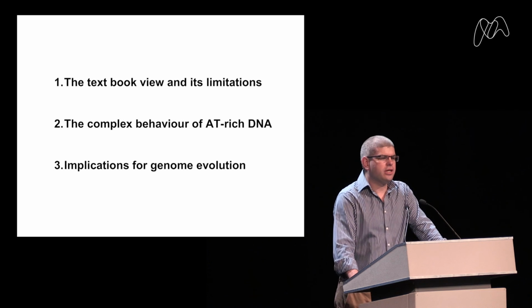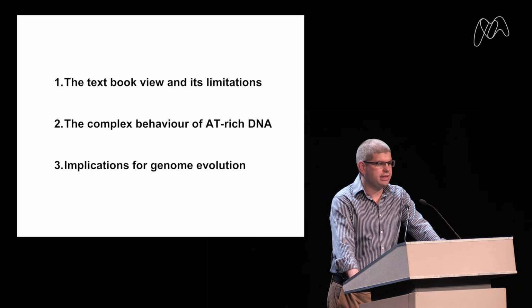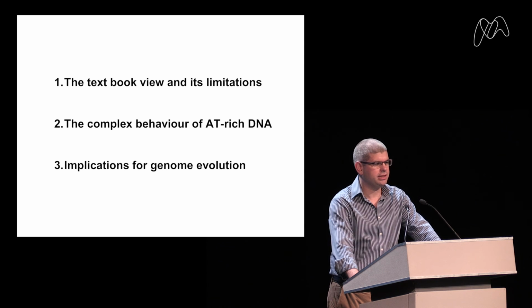So my talk is going to be approximately split into three parts. In the first part, I want to consider where our current view of bacterial genomes and genome annotation has come from, and then consider some of its limitations. I'm going to show you that we can no longer explain everything that we're seeing, and in particular I'm going to focus on unusual transcriptional events.